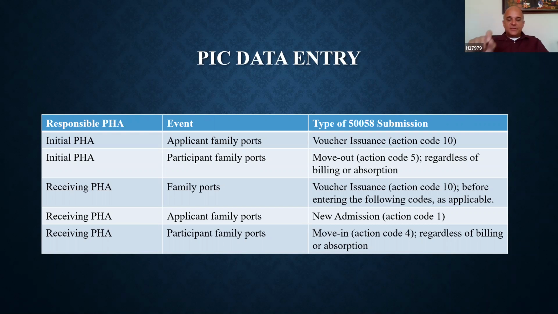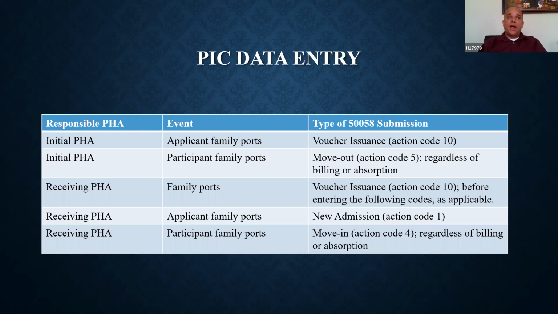There is one specific circumstance in which this process gets changed around. If you have a case in which you have a non-resident family that had an application on file at least 12 months prior to application, lived in that initial PHA's jurisdiction for at least 12 months, that family has the right to, I'm sorry, let me restate that.